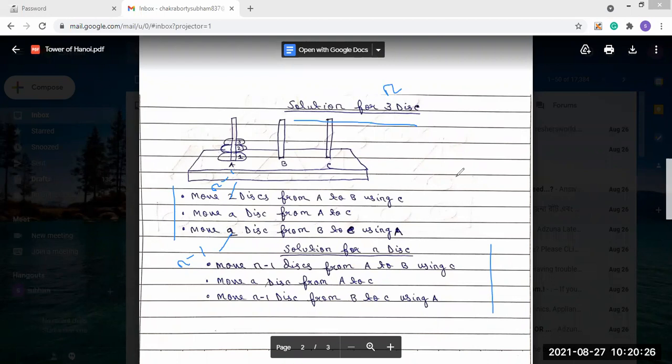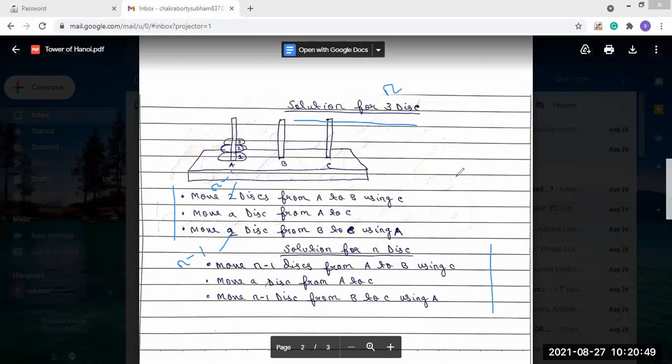Then a disk is moved to the destination tower, and then the disks present in the auxiliary tower are moved to the destination tower. So whenever the number of disks increases, the solution becomes more complex, or the number of steps will be increased.